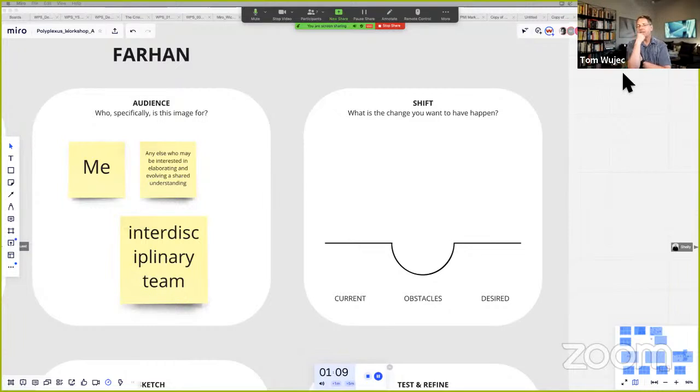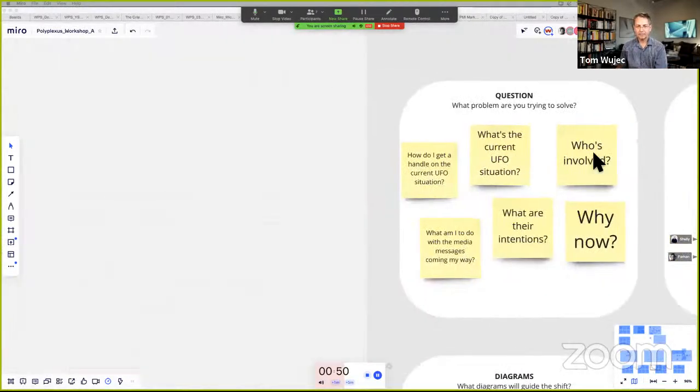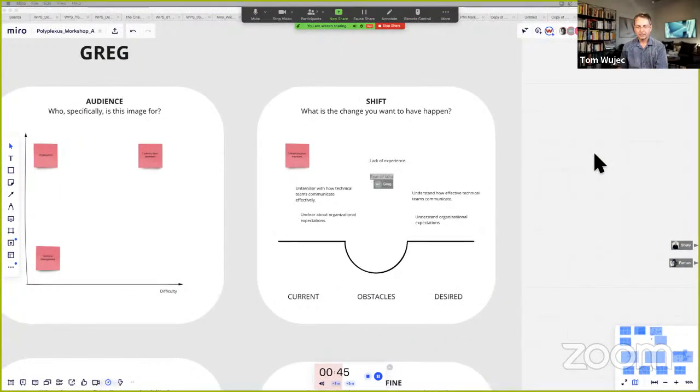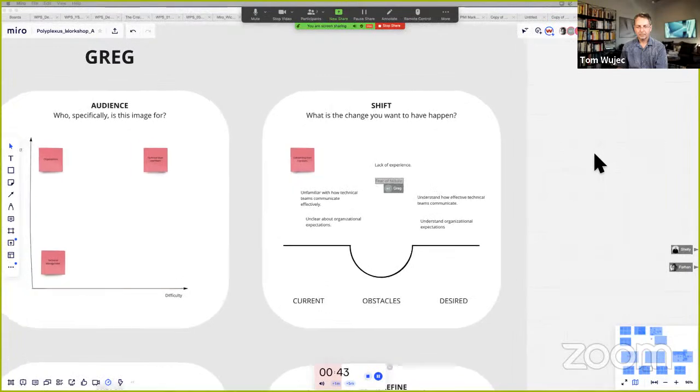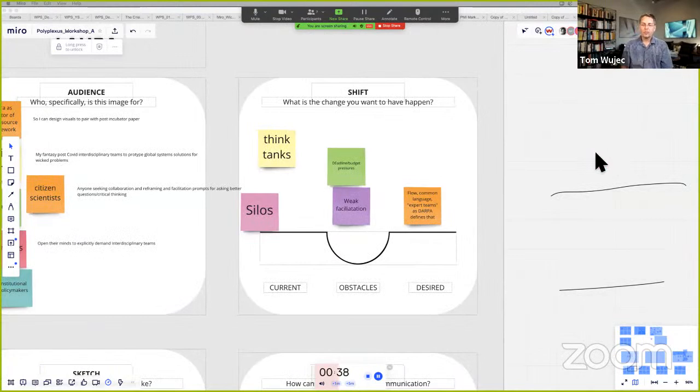The shift that you want to have happen. Think behaviors.